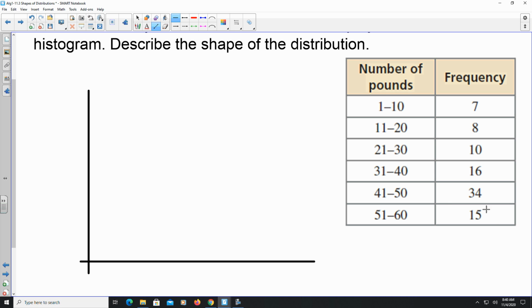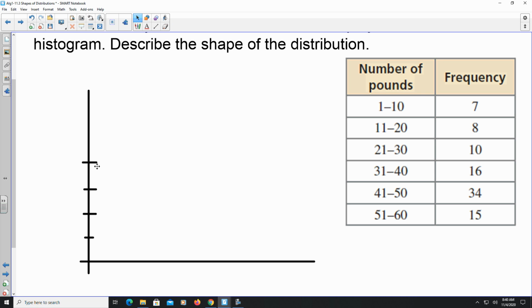And my largest number looks like 34, but I'm still going to do it in increments of 5. So I got 5, 10, 15, 20. If I want to make this one a little straighter. That's better.